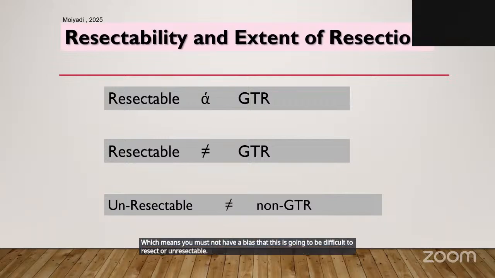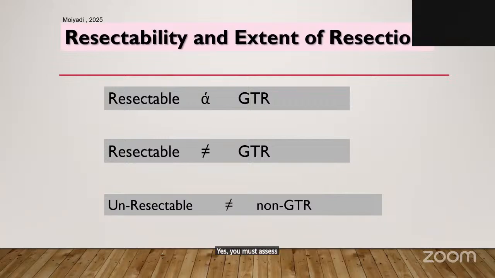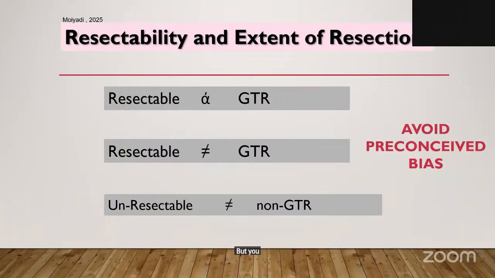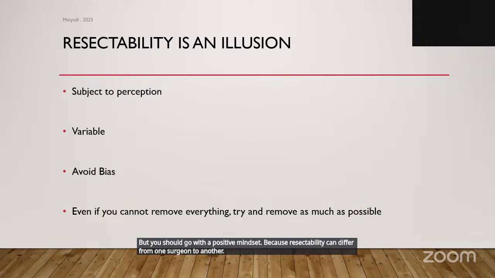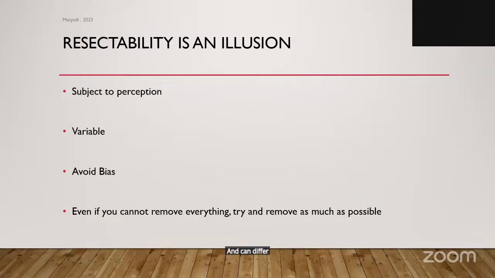Yes, you must assess the potential of having a gross total resection, but you should go with a positive mindset, because resectability can differ from one surgeon to another and can differ between MRIs done at different places.